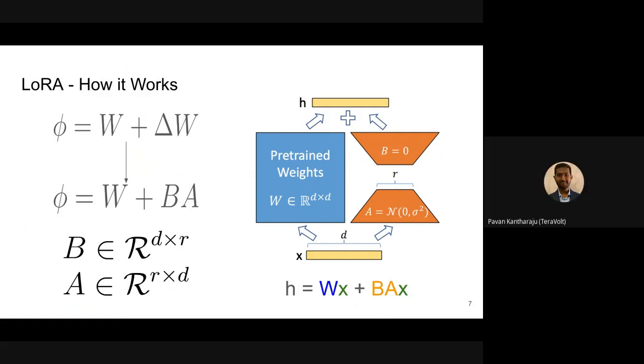Yeah, but again, the benefit here is that you don't have to tune any of the pre-trained weights. Those essentially remain frozen, and you can almost view them as features that you can add to whatever LoRA learns. Right. I think that's a very clever idea. Yeah.